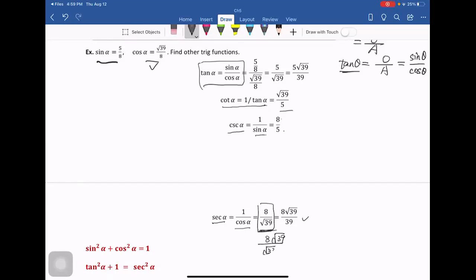Square root of 39 times square root of 39, so this one is 8 times square root of 39 over square root of 39 squared. Because the square root and the square cancel, we get 8 times square root of 39 over 39.